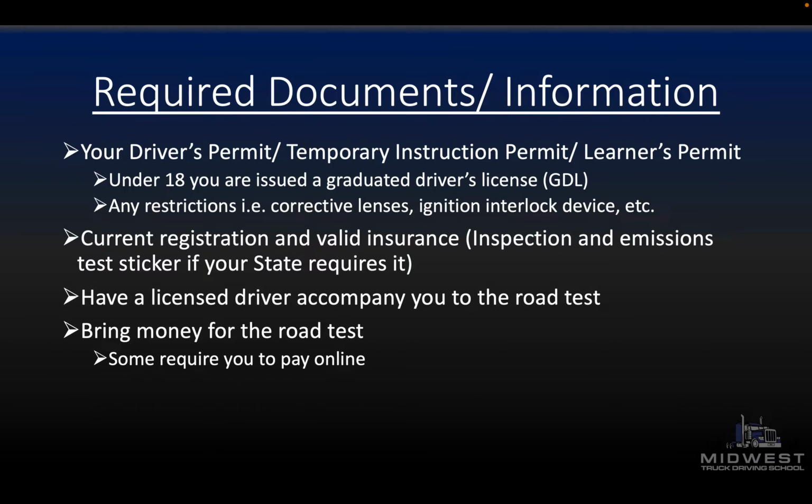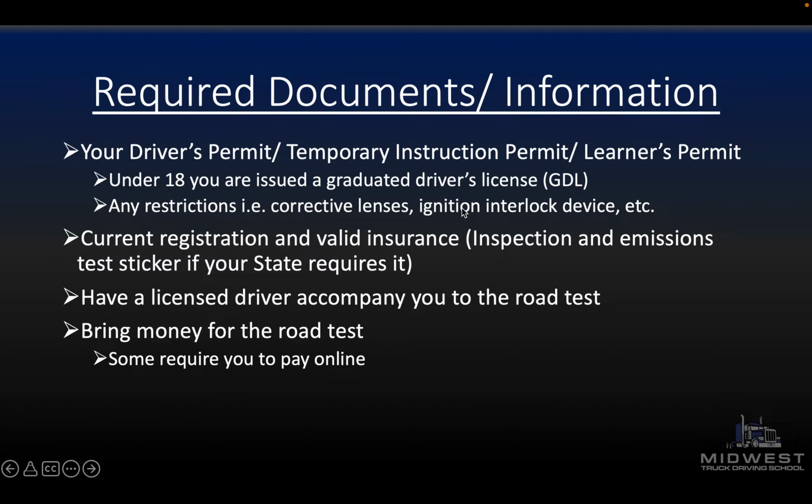So first of all, the required documents and information is you need your driver's permit. Now, this is called something different in different states. It might be called the temporary instruction permit, might be called just your learner's permit, but it's your permit to drive. That's what makes you legal to drive with a parent or guardian, a friend, another licensed driver, and so on and so forth. Under 18, you're issued a graduated driver's license, which is your GDL.